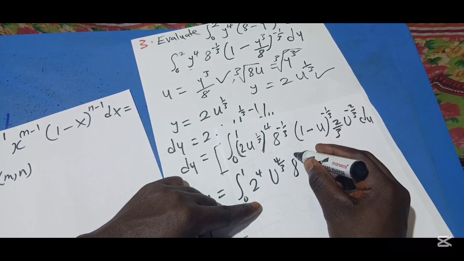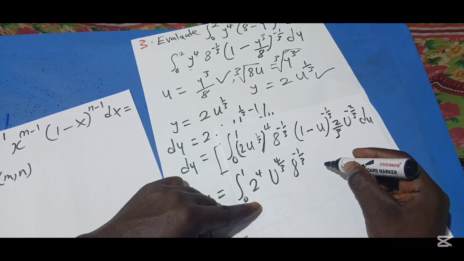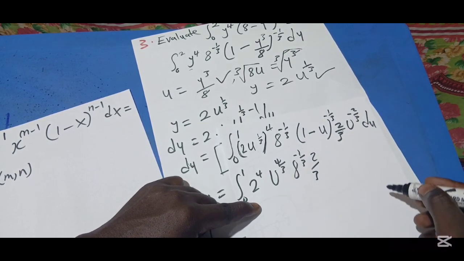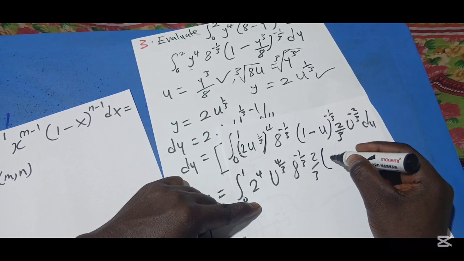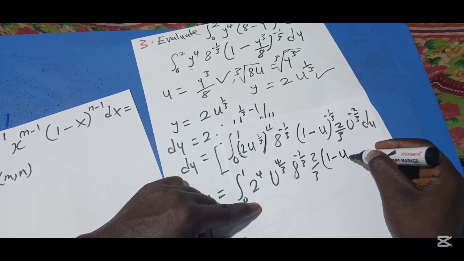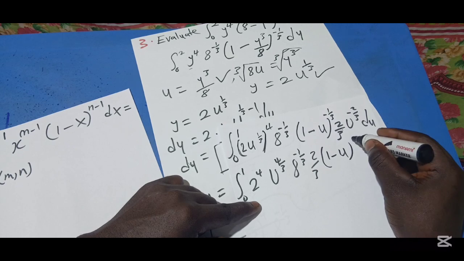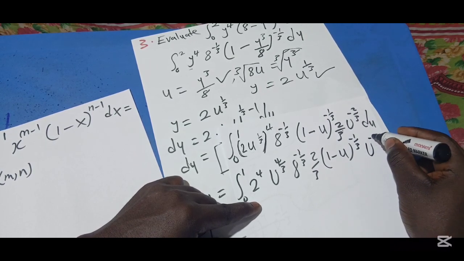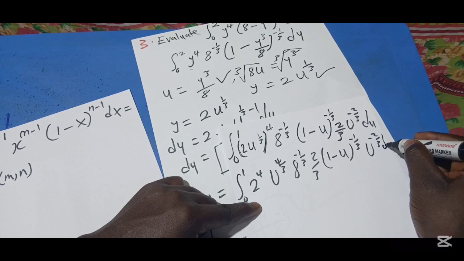And a to the power minus 1 on 3 here. Let's bring this constant here, which is 2 on 3. Then at the end of the day, we can bring our bracket 1 minus u all to the power minus 1 on 3, then our u to the power minus 2 on 3 du.